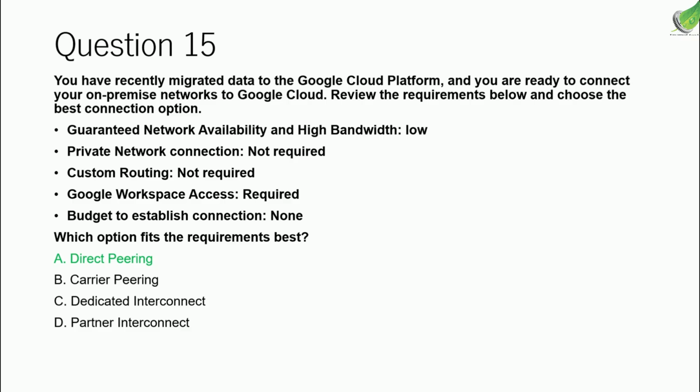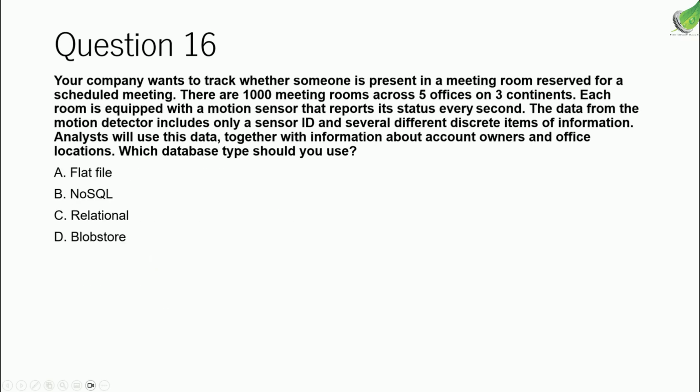And finally, does it have a high availability SLA? No, it doesn't, which aligns perfectly with the low availability requirement. Checks all the boxes. Therefore, the only option that fits all the requirements, especially the budget constraint, is direct peering.